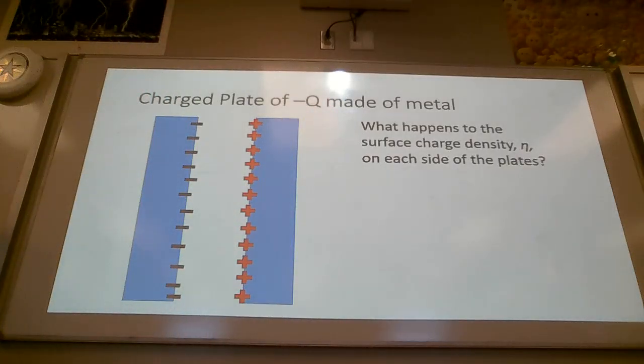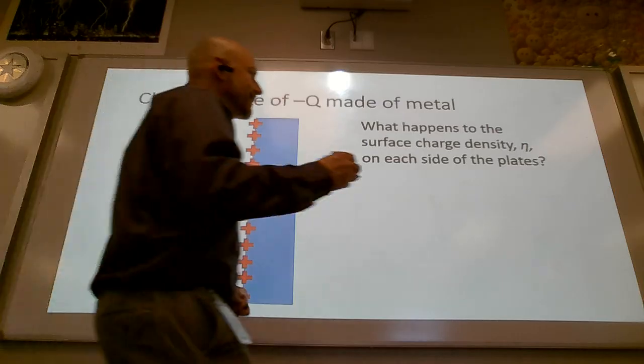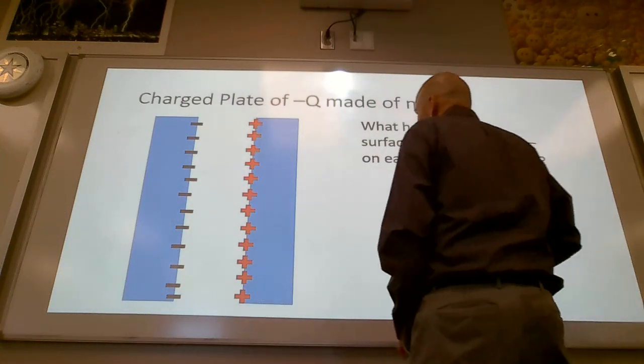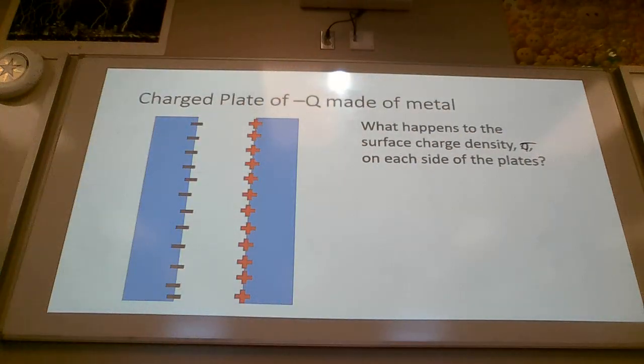So what happens to the surface charge density on the inside of the plate? Increase or decrease? Increased. Everybody good with that?